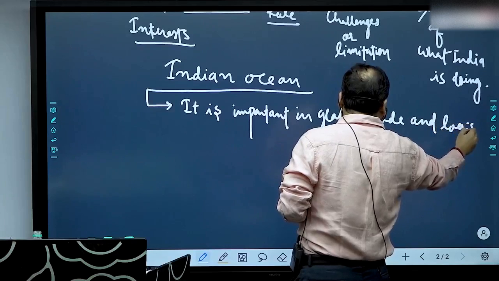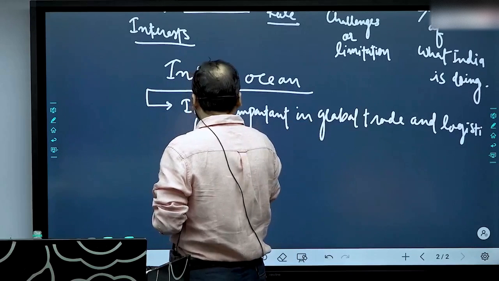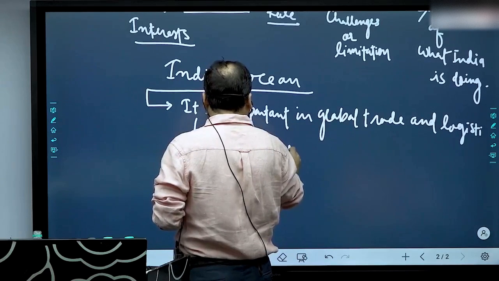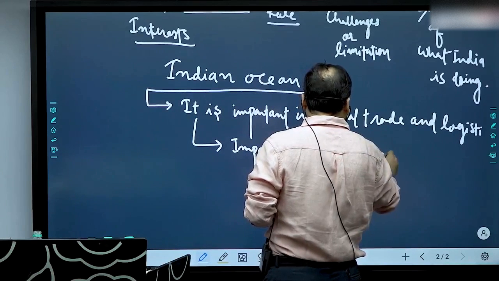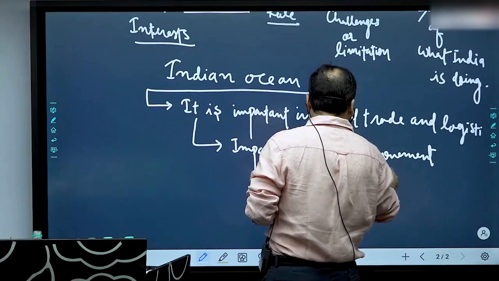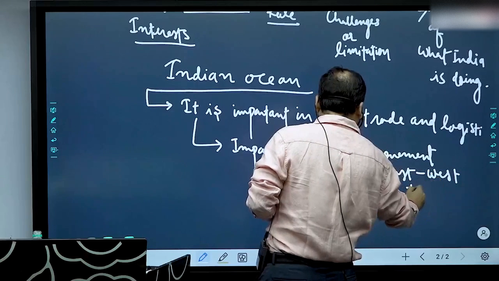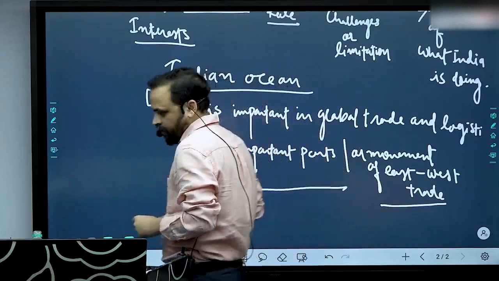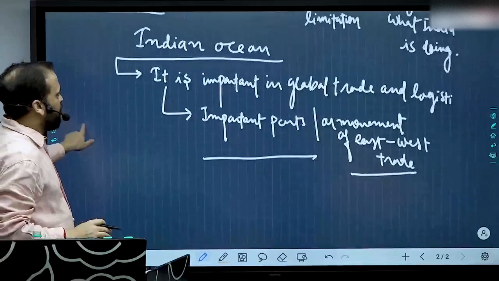That means either the presence of important ports or the movement of east-west trade, or trade between the Pacific and the Atlantic. That's the simple idea that you must have focused on.